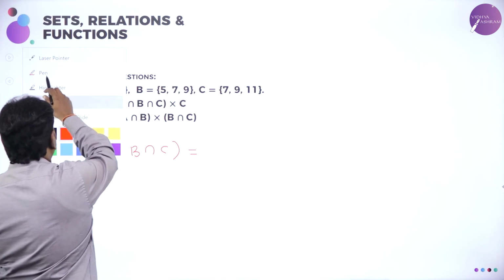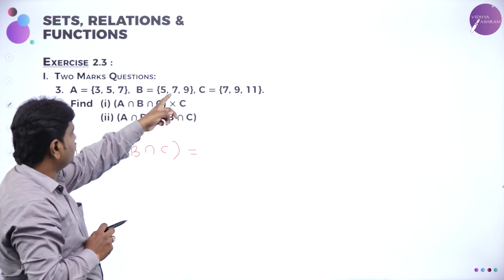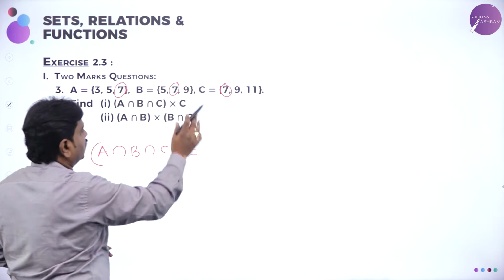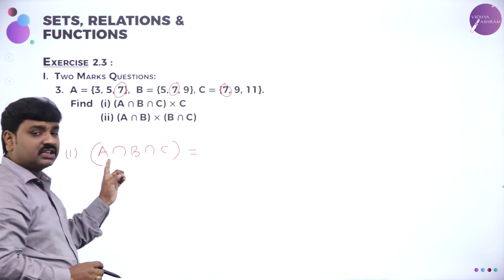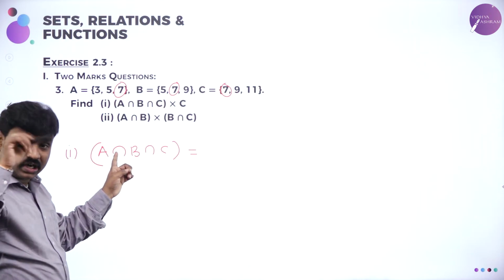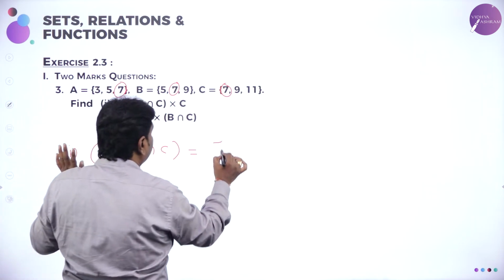Then any other common element? 7, yes, 7 is present in all 3. That is the only common element. A intersection B intersection C means the element present in all 3. Only one element is present, that is 7.